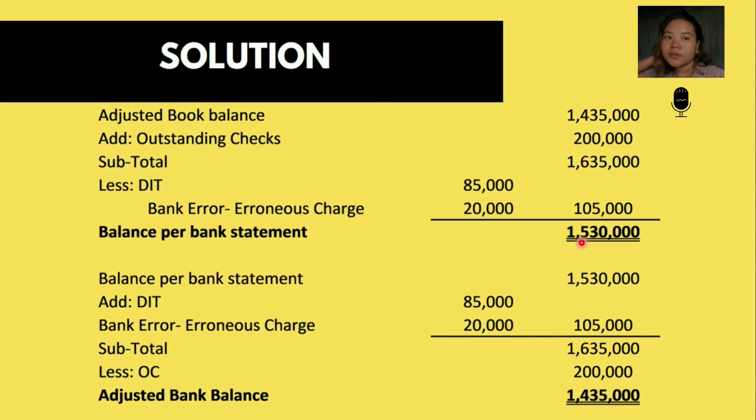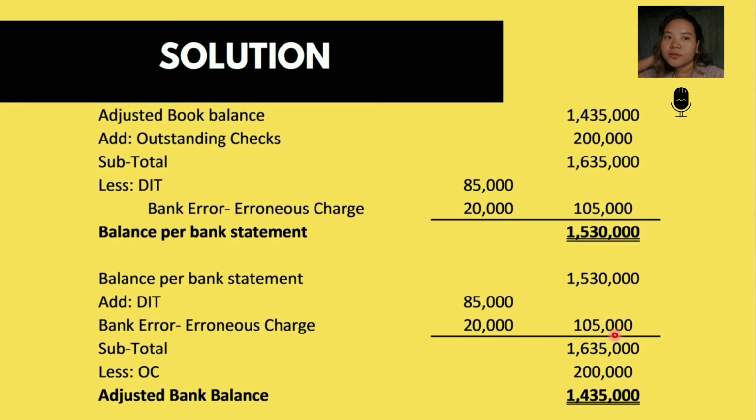For checking if our answer is correct, we need to follow the adjusted balance method since we already got the unadjusted bank balance. So bank balance is 1,530,000. Add the deposit in transit and bank error, which is 85,000 and 20,000. Its total is 105,000. Balance per bank 1,530,000.